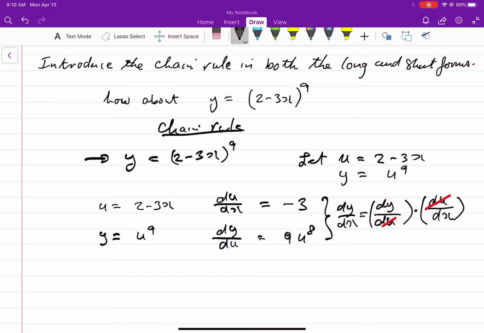So let me write it down. This is the chain rule. dy dx is equal to dy du times du dx.